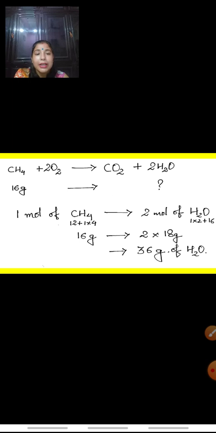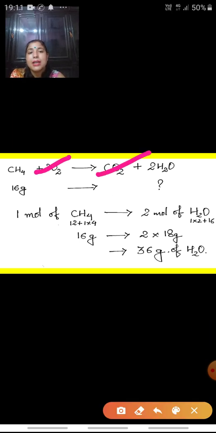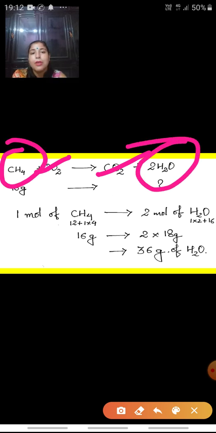Now we are here not concerned with dioxygen and carbon dioxide. Why? Because in the question it is asked what quantity of water will be produced if we use 16 gram of methane. So we are concerned only with methane and water.